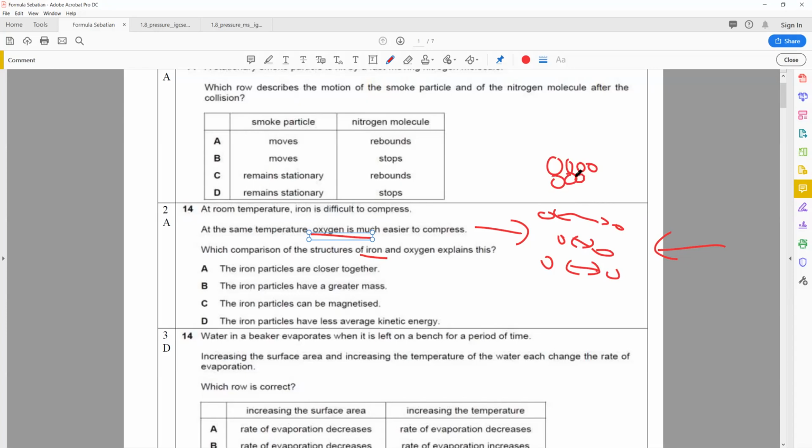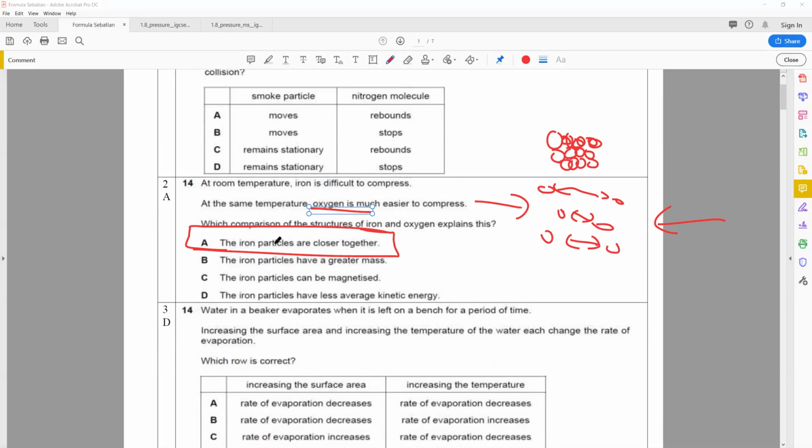Solid particles are already in a lattice arrangement and they are already touching each other. It is much harder simply because there is no space in between them. So look at the logical answer: only iron particles are closer together. Give me a minute, guys. Okay, so it can be none other than A for this part.